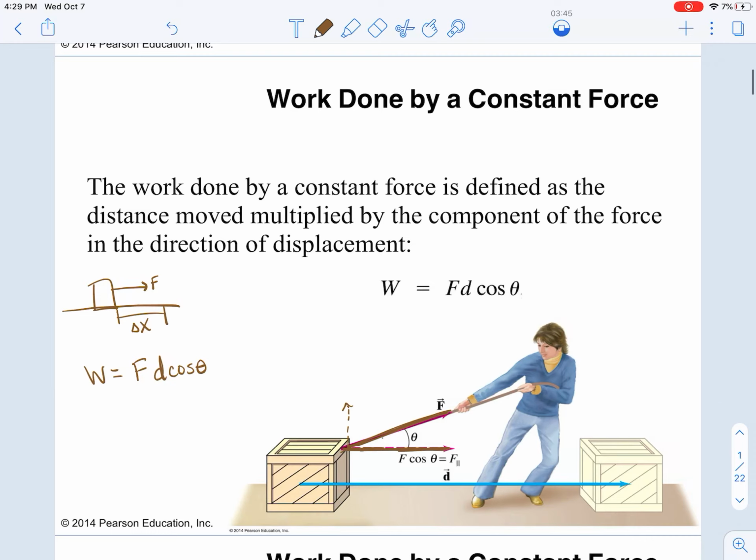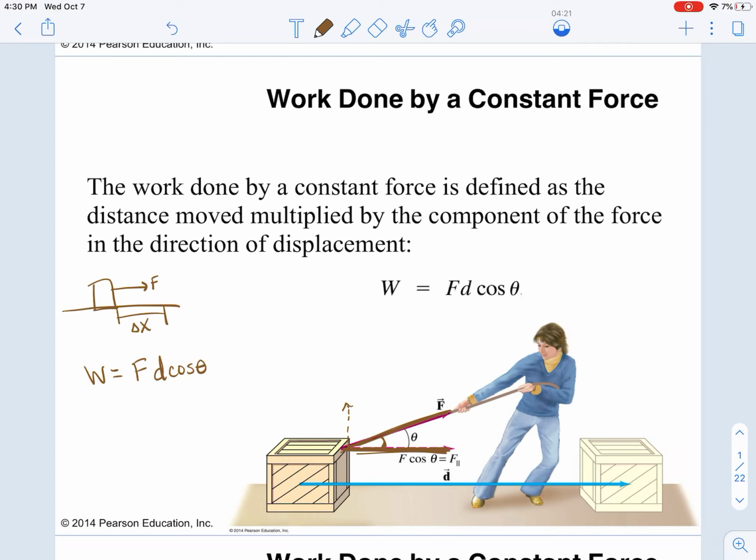Since I know this angle, this horizontal force component is the adjacent side of my right triangle, and so that's why it ends up being FD cosine theta. Okay, so when we start talking about forces being applied at an angle, we'll have to go back and remember that it's only the force component that is parallel to the direction of the motion. That's the force that's going to be used.